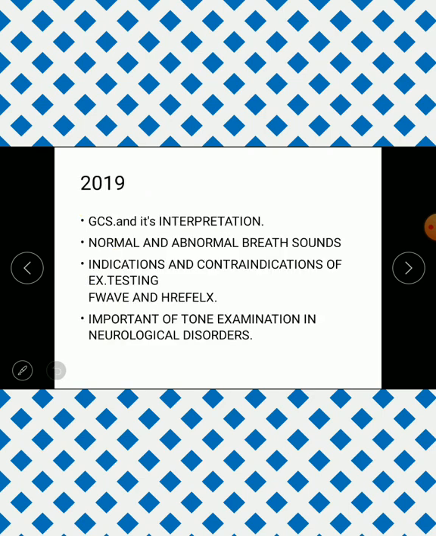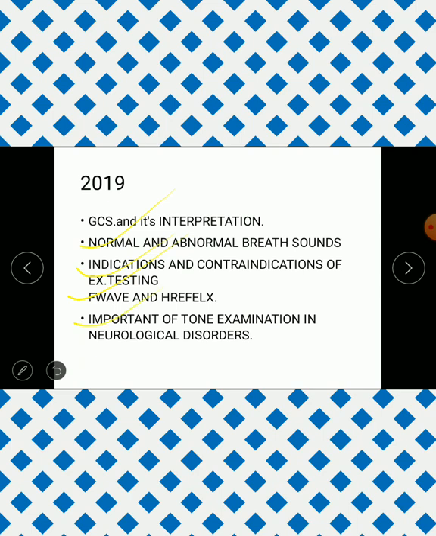In the year 2019, the questions are GCS, that is Glasgow Coma Scale, and its interpretation for 5 marks. Normal and abnormal breath sounds, indications and contraindications of exercise testing, F wave and H reflex, that are basically the late responses in the NCV, that is nerve conduction velocity.